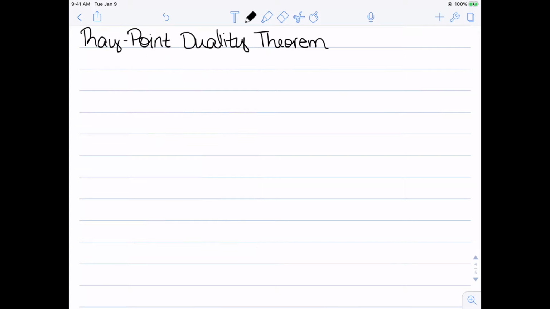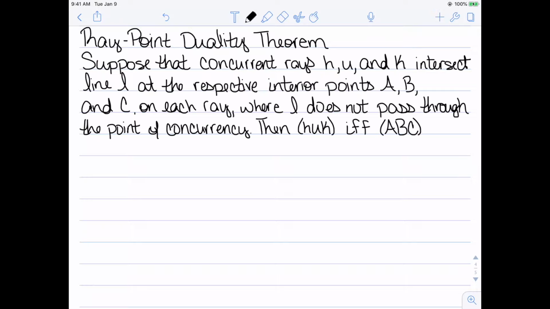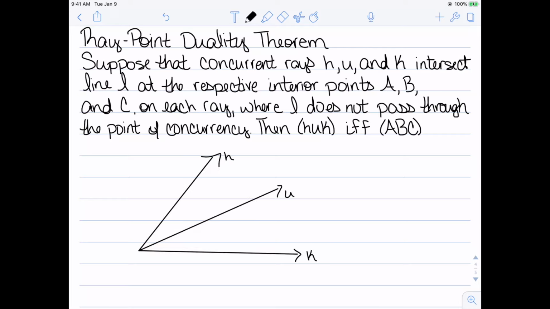The last one I'll look at here is going to be the ray-point duality theorem. The ray-point duality theorem says, suppose I have concurrent rays H, U, and K, and I know these rays intersect a line L at interior points A, B, and C, where L does not pass through my point of concurrency. It doesn't pass through the vertex here.